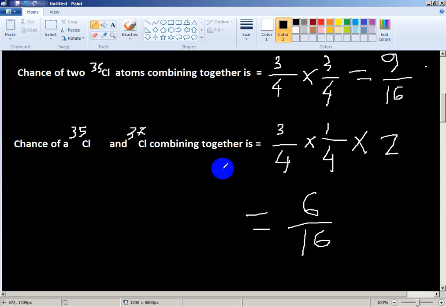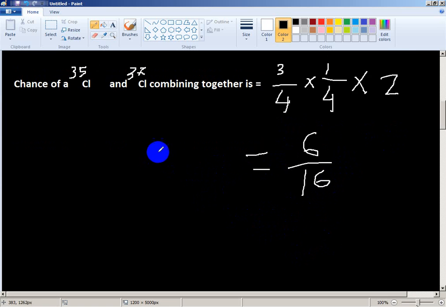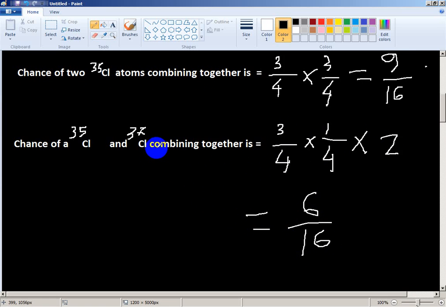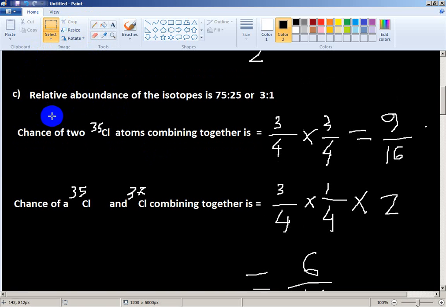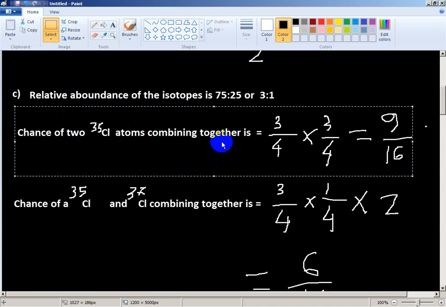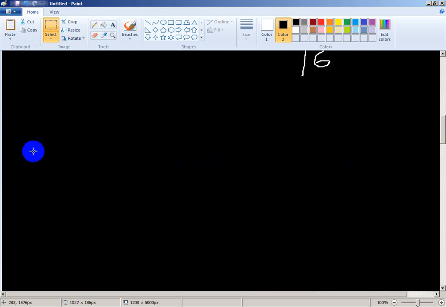Next is the chance of two chlorine-37 atoms. I can copy and paste this one; copy paste is very easy.